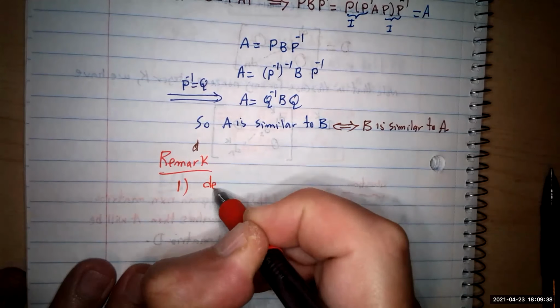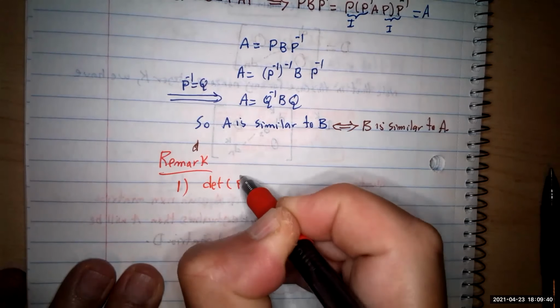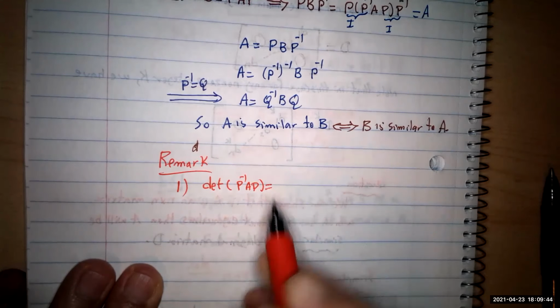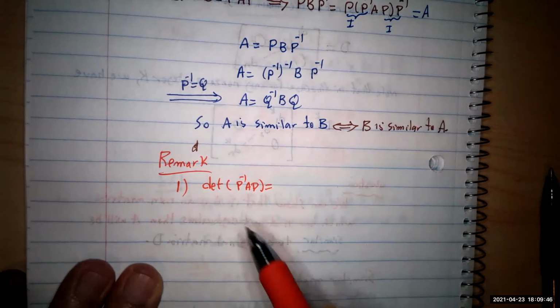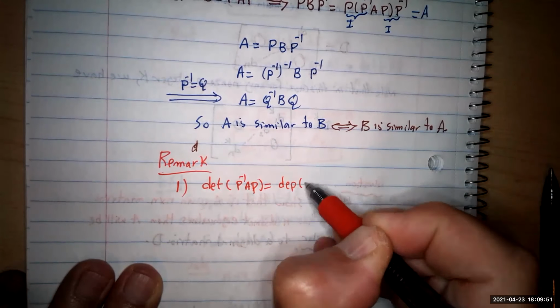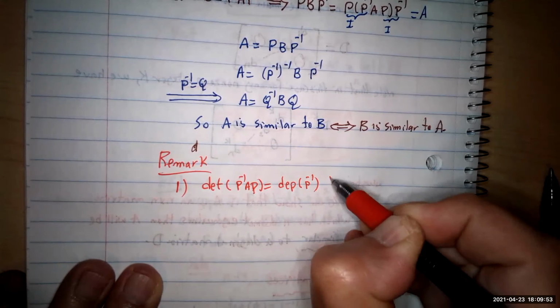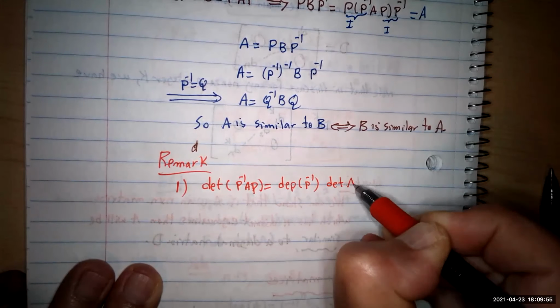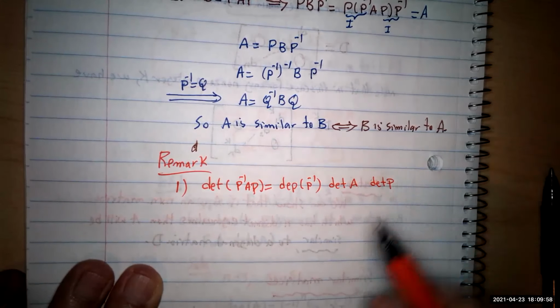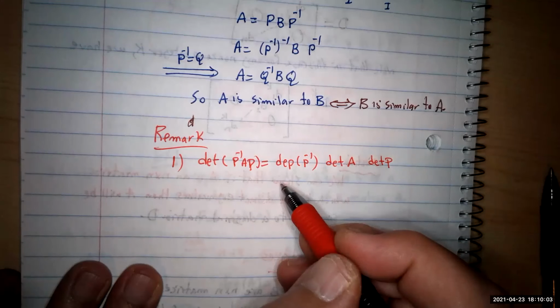If you want to find the determinant of P inverse AP, you know the determinant is multiplicative. So it's going to be the determinant of P inverse times the determinant of A times the determinant of P.